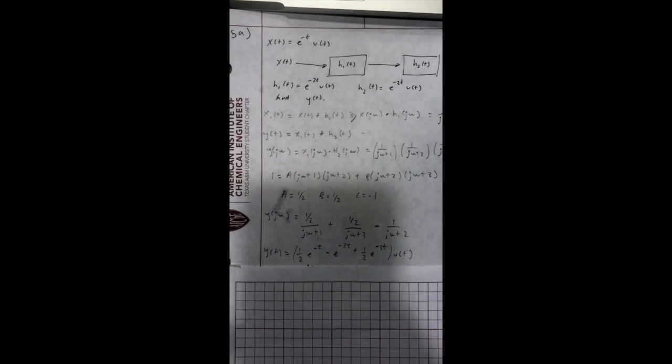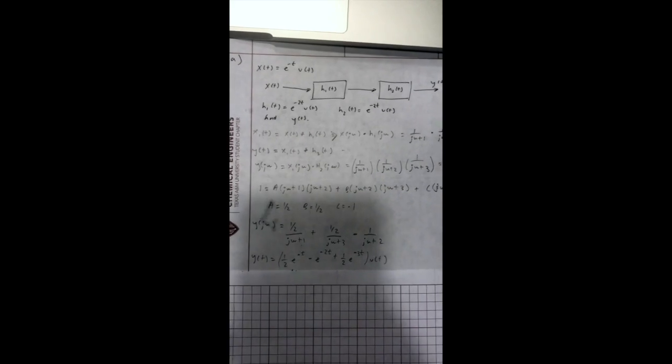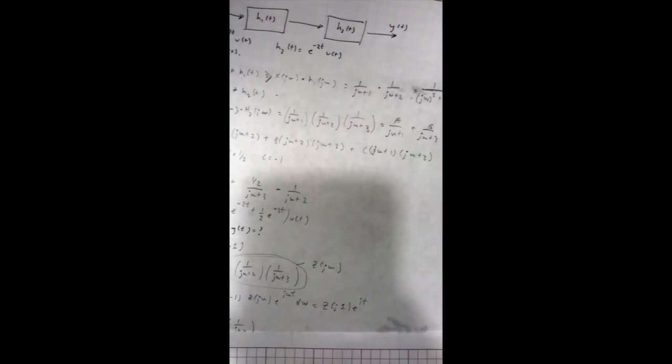You can find the inverse Fourier transform of these pretty simply. Using the properties, this is equal to 1/2 e to the minus t minus e to the minus 2t plus 1/2 e to the minus 3t, all multiplied by a unit step function.